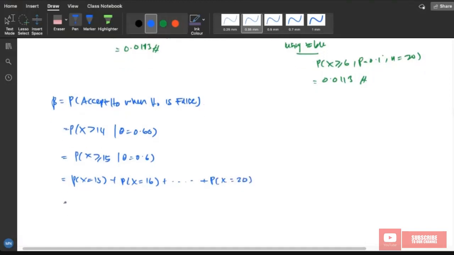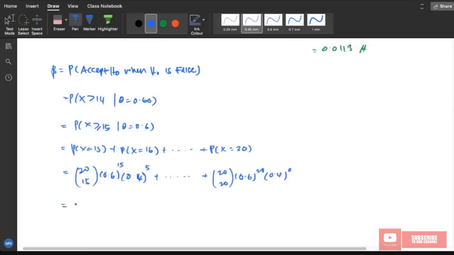So this is 20 choose 15, 0.6 to the power of 15, and 0.4 to the power of 20 minus 15, which is 5. Plus until 20 choose 20, 0.6 to the power of 20, 0.4 to the power of 0. So this should be equal to 0.1256.